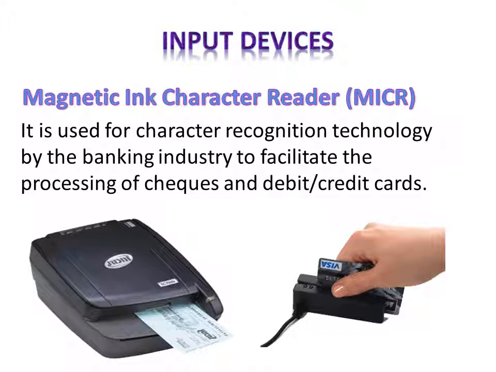On the checks, the text is printed with magnetic ink, and the MICR is used to read those magnetic ink characters. In ATM machines, this MICR is also used to scan the account number or the information on debit or credit cards.